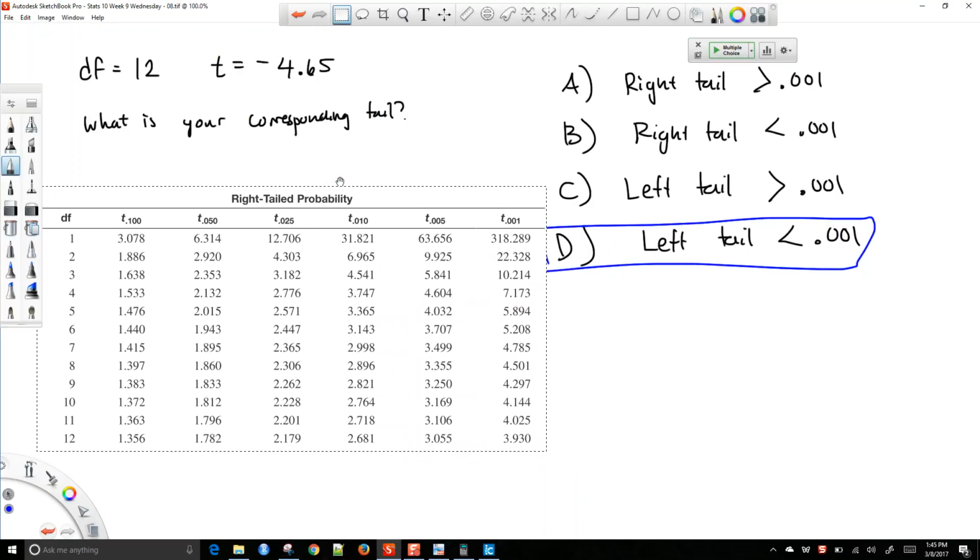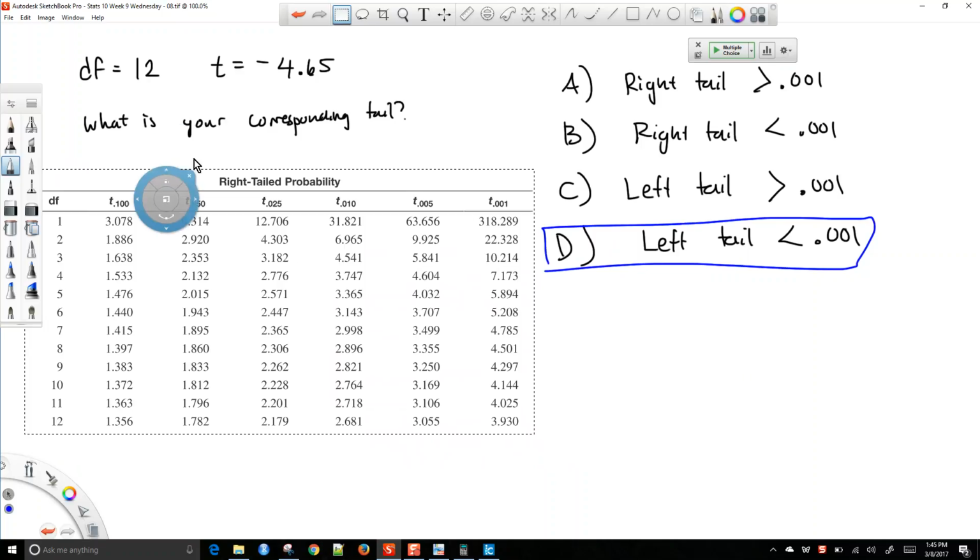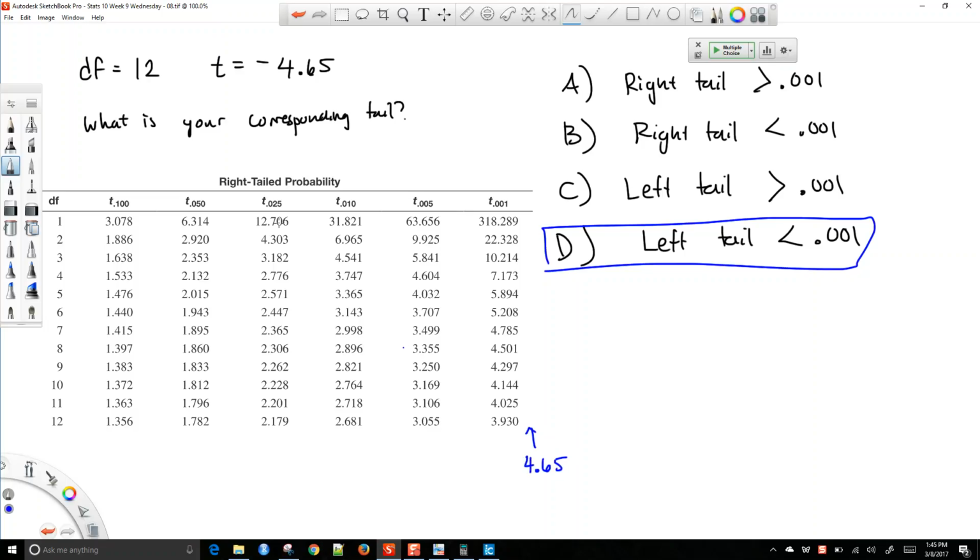We look at where 4.65 fits, and 4.65 goes over here. Because it's a negative, we're going to switch this to the left tail. So because of the negative sign, this is the left tail probability, and 4.65 is out here, so my tail to this side is less than 0.001.